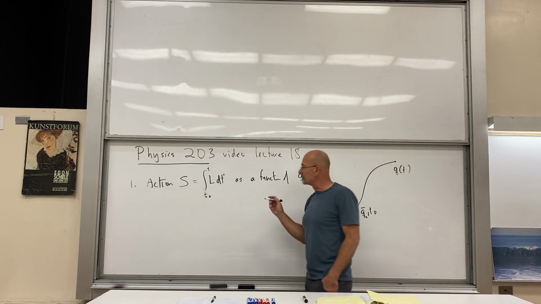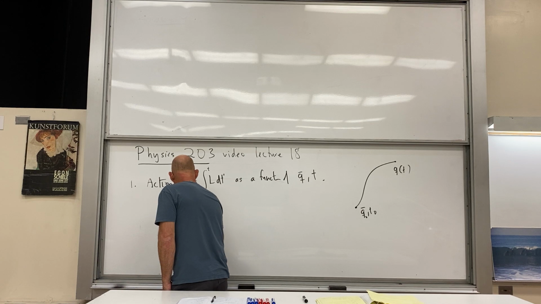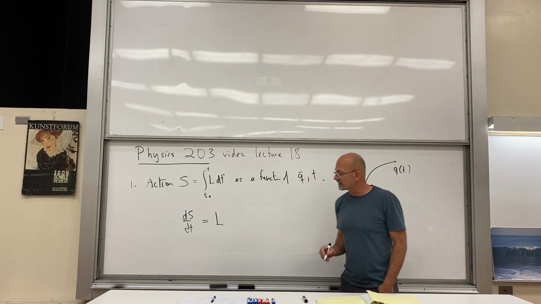So we get a couple of things immediately. I didn't do it in this order last time, but dS/dt, of course, is just going to be L. That'll be your fundamental theorem of calculus.